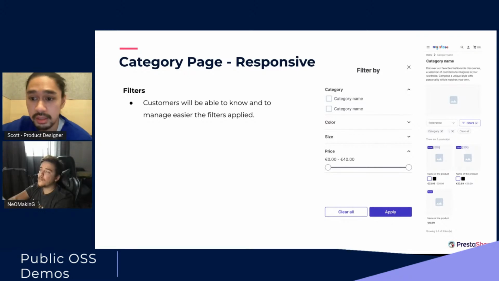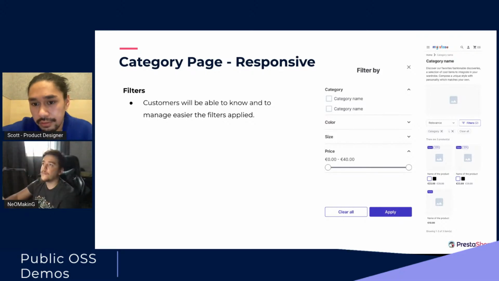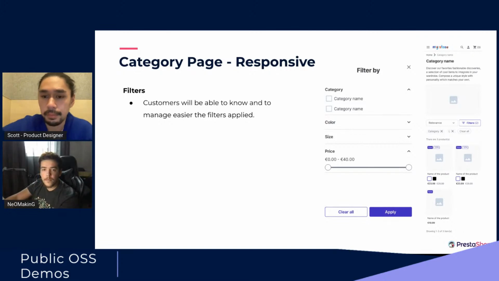You can erase it or erase them all by clicking on the clear all button. And if you want to add another filter, you have to click on the filter button, and then the filter by page will appear on full screen, and then you can edit, you can add the filters you want to add. You just have to click on the apply, and then it will be okay.